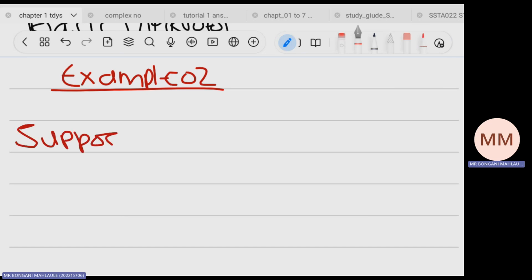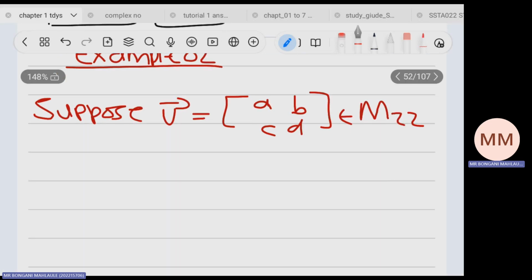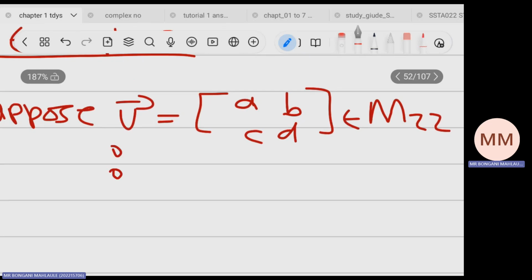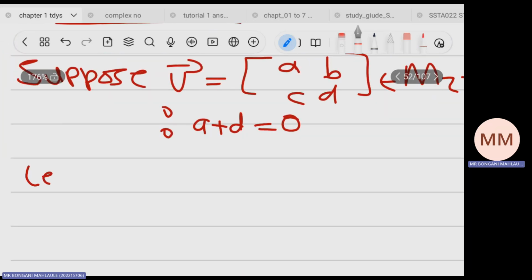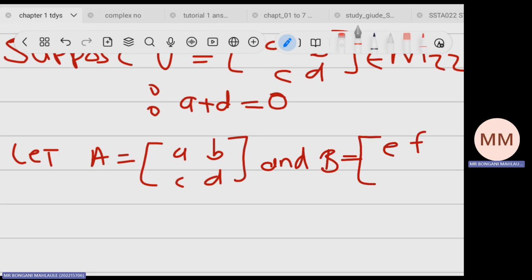Suppose you have vector v, a, b, c, d, an element of M22 such that a plus d is equal to 0. So we're going to let a be equal to a, b, c, d, and I can let b be equal to e, f, g, h.